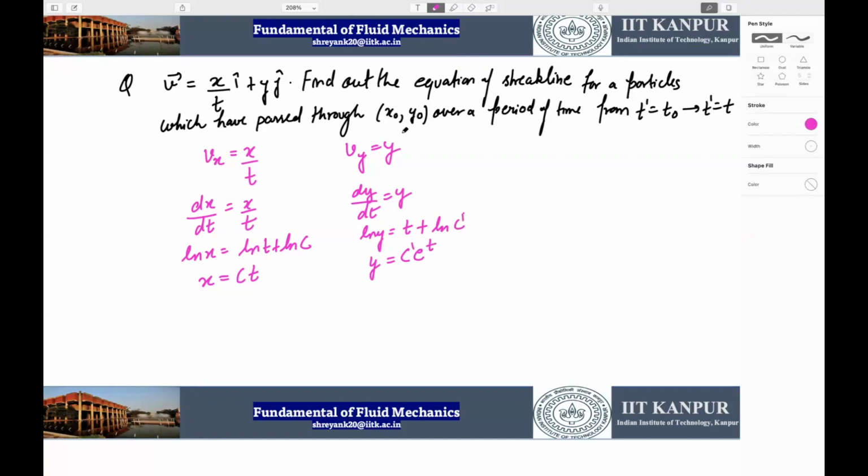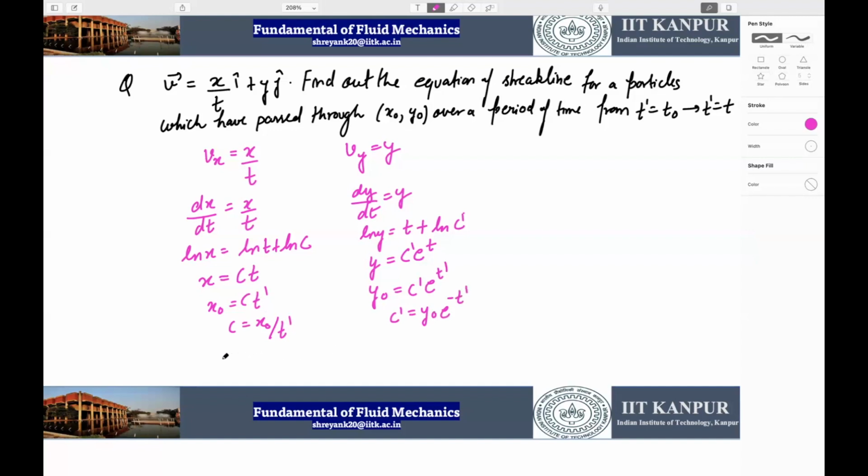Now this has to pass through x naught, y naught at some time instant t prime. So x naught is equal to c t prime, y naught is equal to c prime e to the power t prime. So c is x naught by t prime, and c prime is y naught e to the power minus t prime.